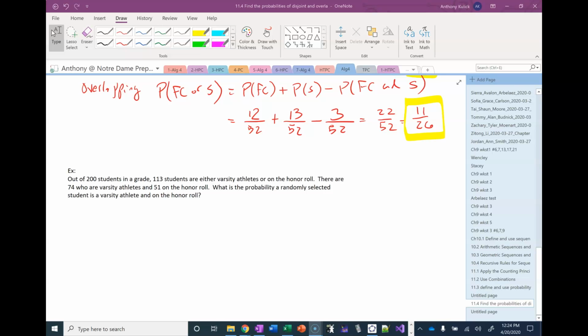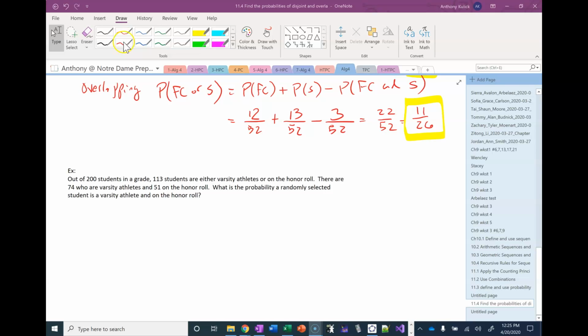Now, as you read through this quickly, you might say this doesn't make any sense. If there's 113 that are varsity athletes and on the honor roll, and I add up 74 varsity athletes and 51 on the honor roll, that doesn't equal 113. Well, that's okay. That's because there's some students that are both varsity athletes and on the honor roll.